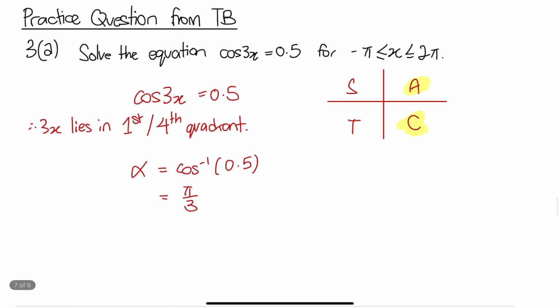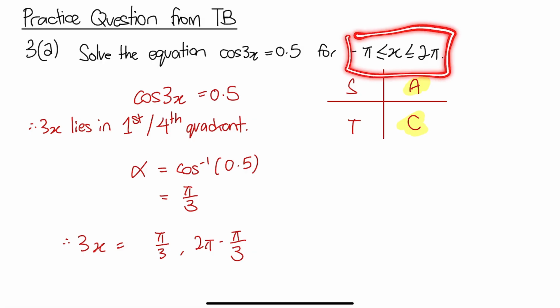So once I get the reference angle, I can now write that 3x is equal to, in the first quadrant, just pi over 3, and in the fourth quadrant, 2 pi minus pi over 3. However, the question told us that x is between this range, but over here I have 3x.